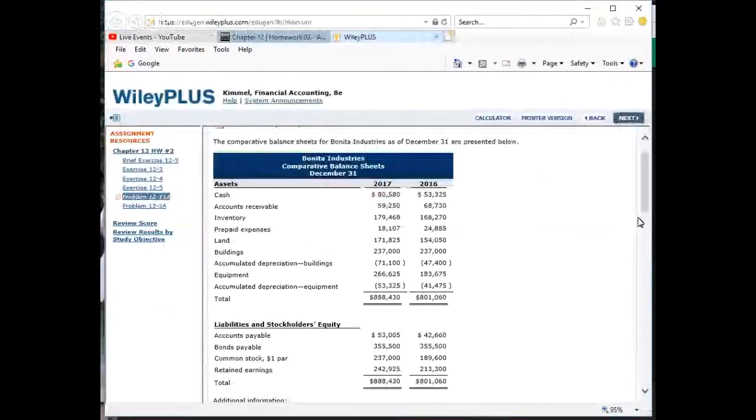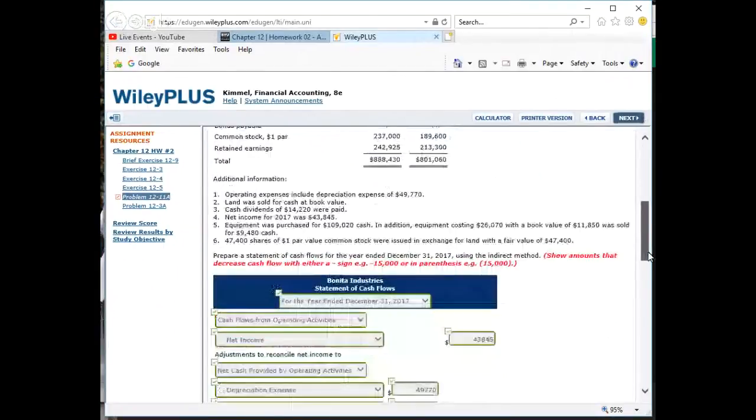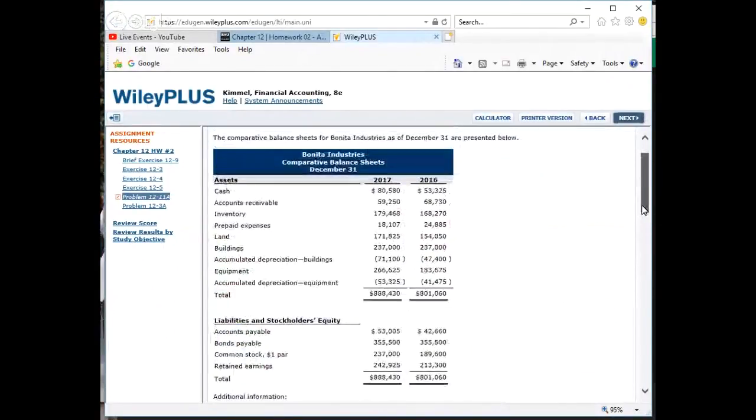So here we are given the comparative balance sheet for the Bonita Industries as of December 31st, and we're supposed to fill out a statement of cash flows. At the beginning, I do understand this part where we have 2 years, 2017 and 2016, and these are the assets, these are the liabilities and stockholder equities.